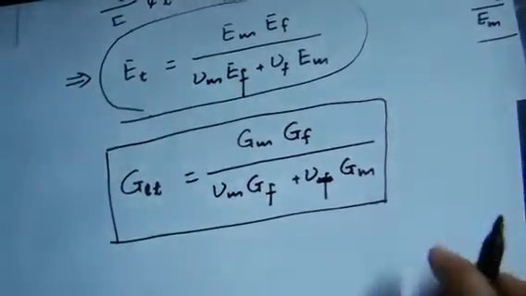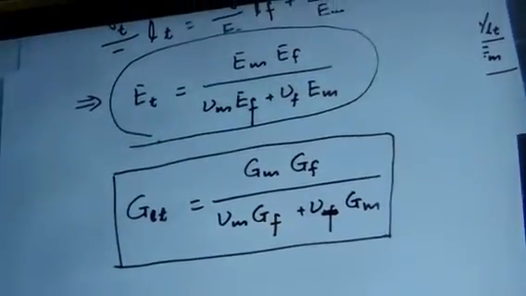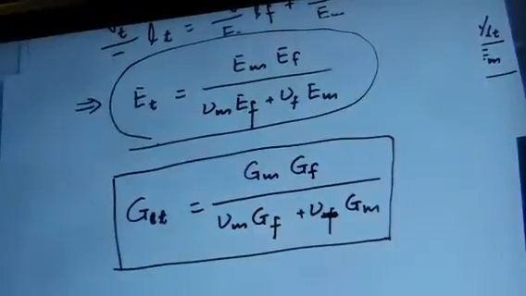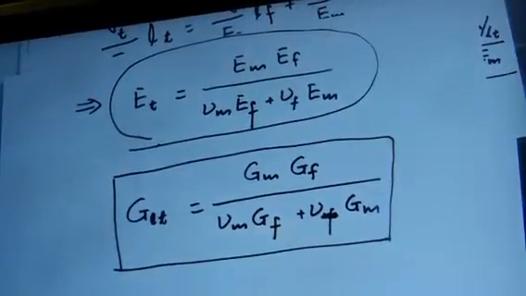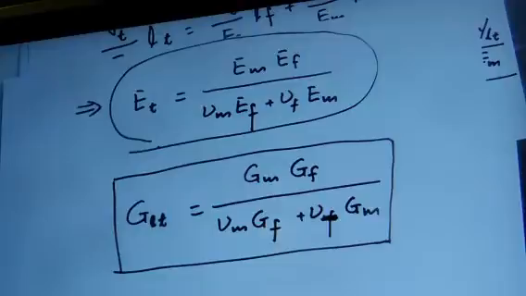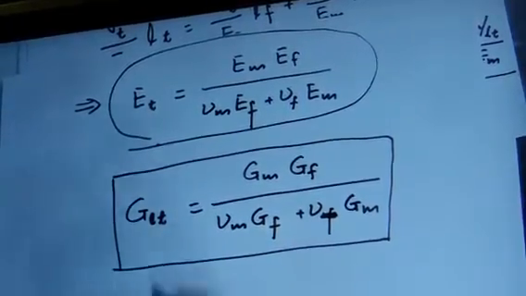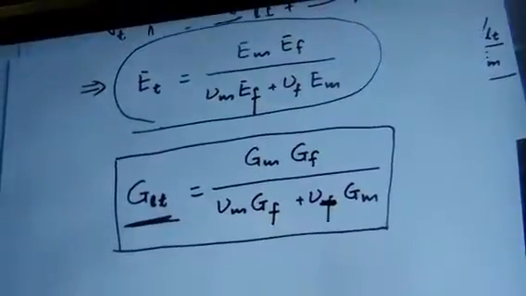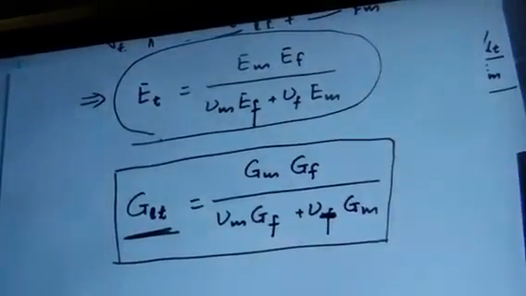Look at these two equations. I just simply replace the Young's modulus with the shear modulus. G, shear modulus. GF is the shear modulus of filament. GM is the shear modulus of matrix. GLT is the shear modulus of the whole composite you can achieve.